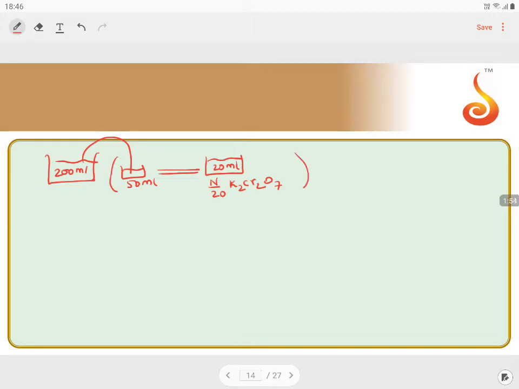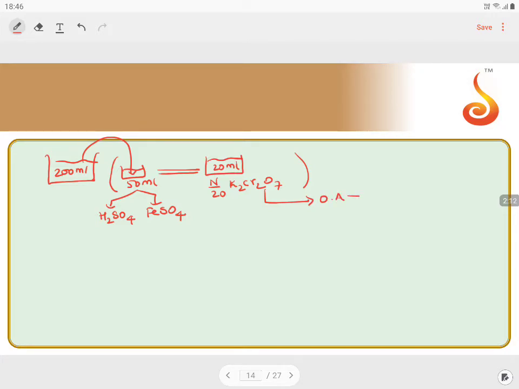But here we need to understand that this 50 ml solution has two things: excess sulfuric acid and the ferrous sulfate formed. K2Cr2O7 is an oxidizing agent.